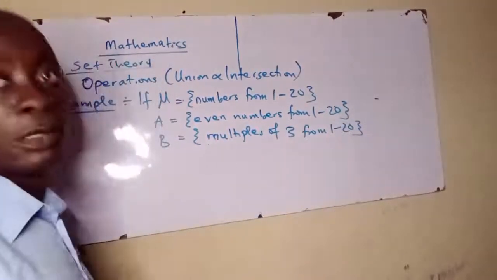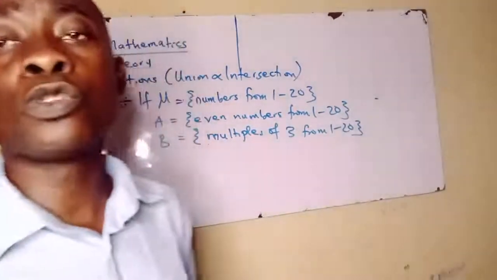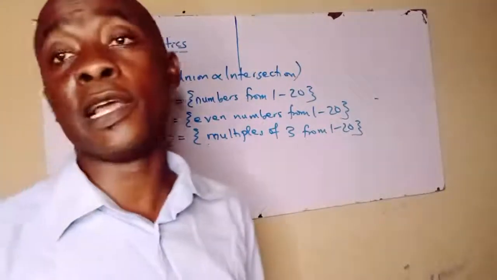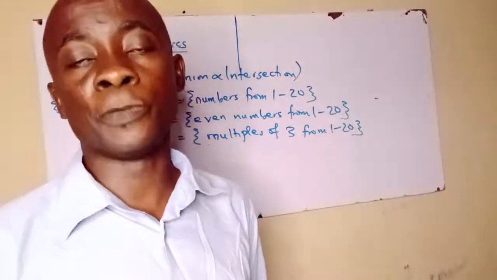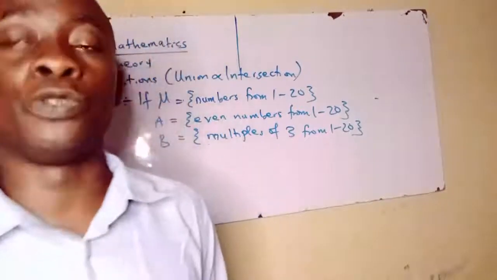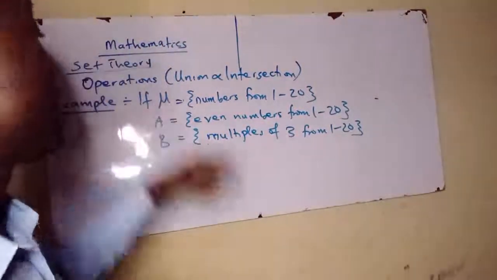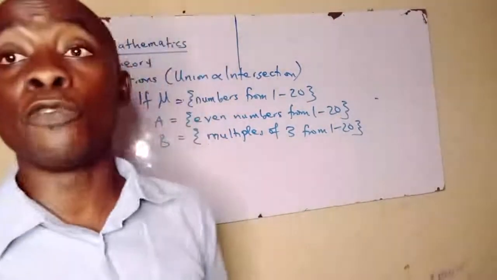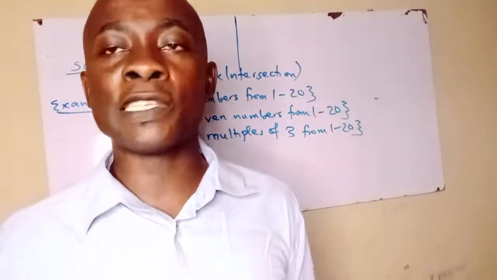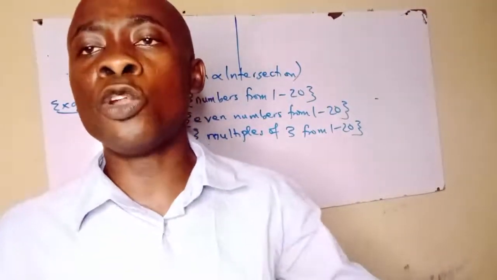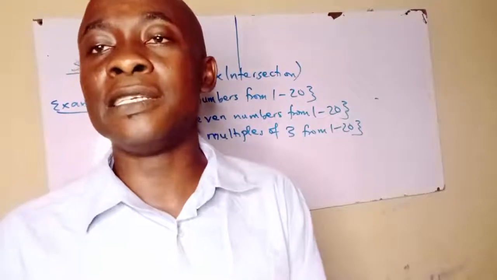Now, let's look at this. We want to use this question to perform some operations. When we are talking of union and intersection, let's quickly define them. The union of sets is just a combination of everything that is inside two sets.